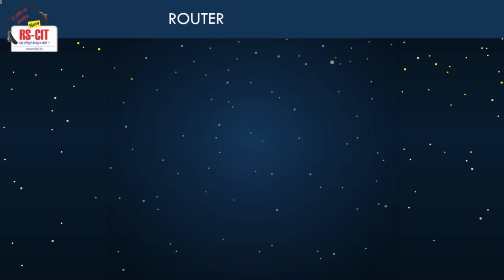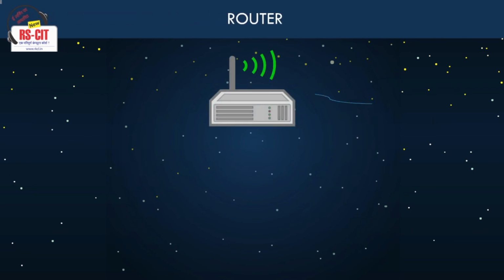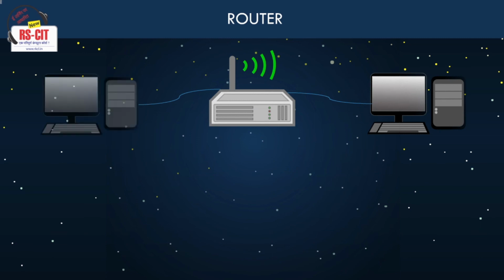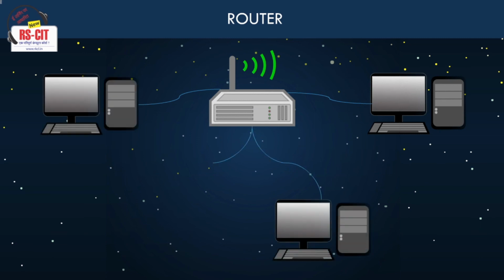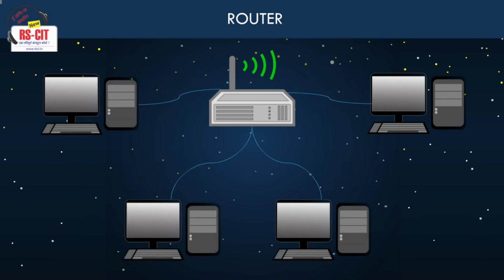Router. A network router is quite different from a switch or hub, since its primary function is to route data packets to other networks, instead of just the local computers. A router is quite common to find in homes and businesses, since it allows your network to communicate with other networks, including the Internet.